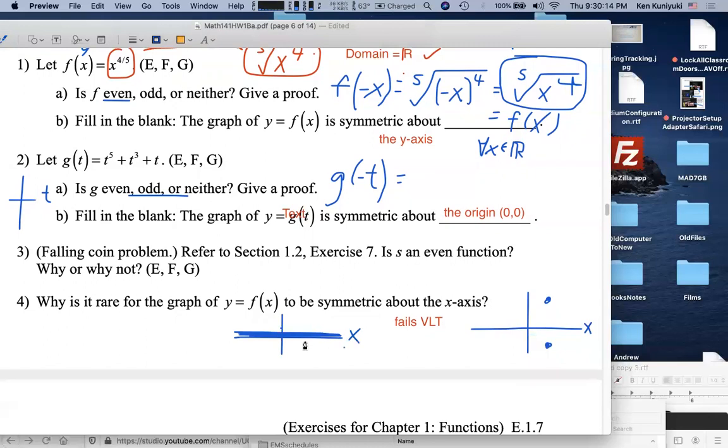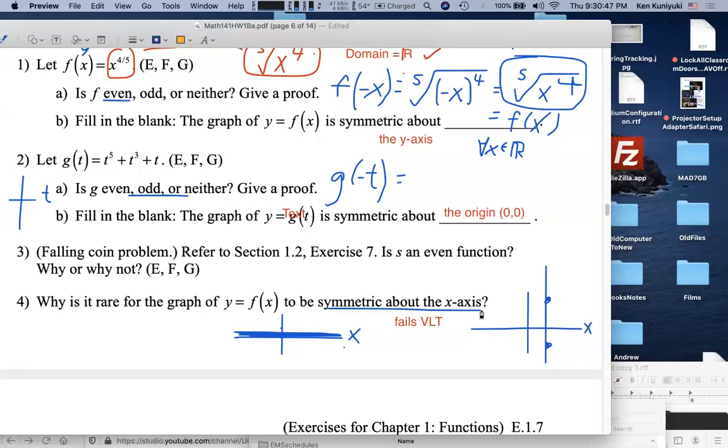The x-axis is symmetric to itself, but beyond that, if you go a little bit away from the x-axis, you need a partner on the other side, and you're going to fail the VLT. So that's the danger. If you go even a little bit off the x-axis, you get this shadow point that'll make you fail the VLT. So that's why in your basic pre-calc, we almost never talk about symmetry about the x-axis. Not if you have y as a function of x.